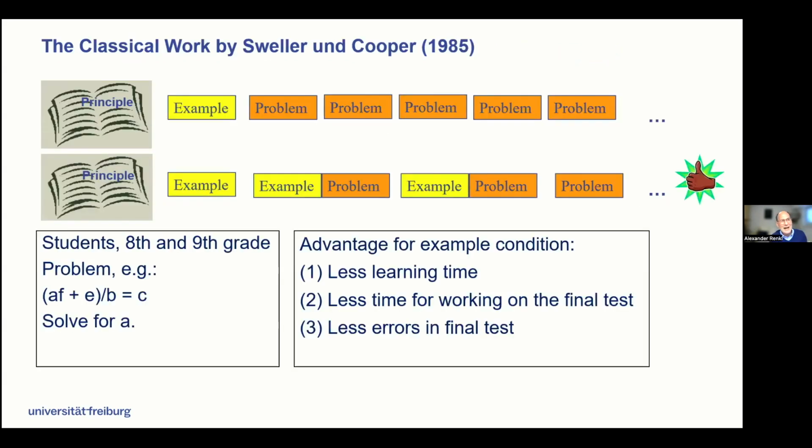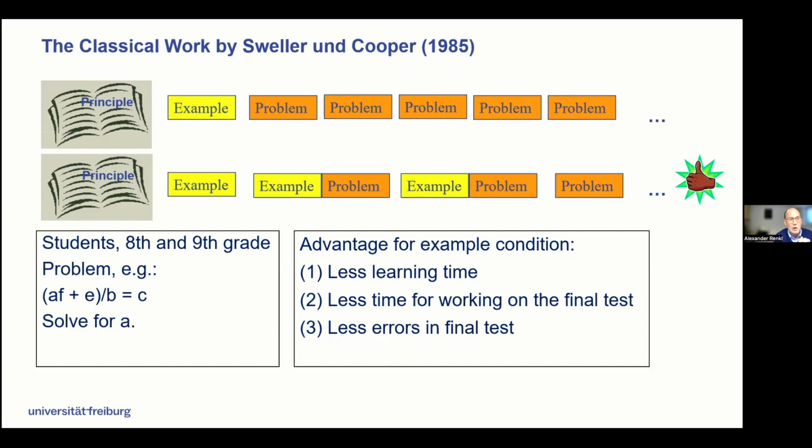So the classical study, I mean, there are meanwhile many more studies, and not only in math, in a lot of domains, is as follows, and this should show what is meant by example-based learning. First, the principles are introduced relatively briefly, but it should also be clear what it is basically about, like a theorem, one or several theorems. So it's not inductively coming to the theorem or principle, it's a deductive thing.